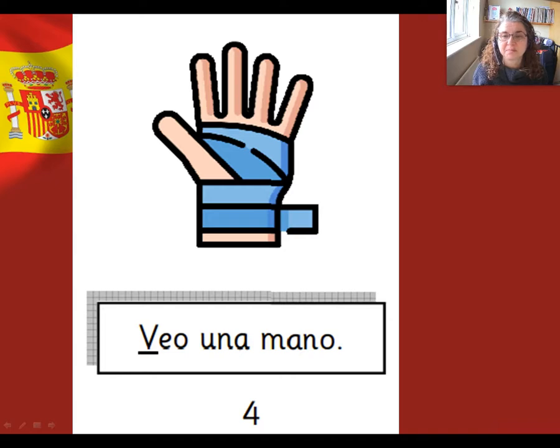Yeah, it's a feminine word because it has una in front of it. But have you noticed that it's a feminine word that ends in o? These words are really unusual. So it ends in o, but because the una is there, it's definitely feminine. And the reason that it ends in o but is feminine is all down to the word it came from in Latin, which was manus, and that was a feminine word.